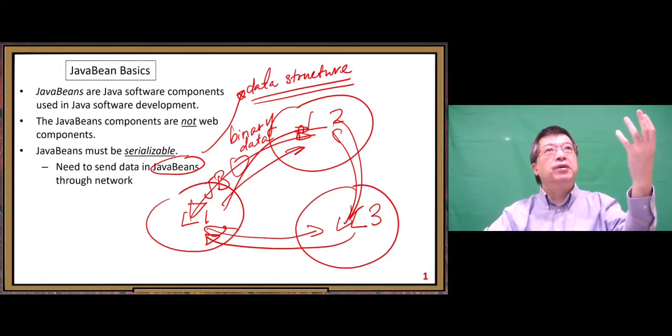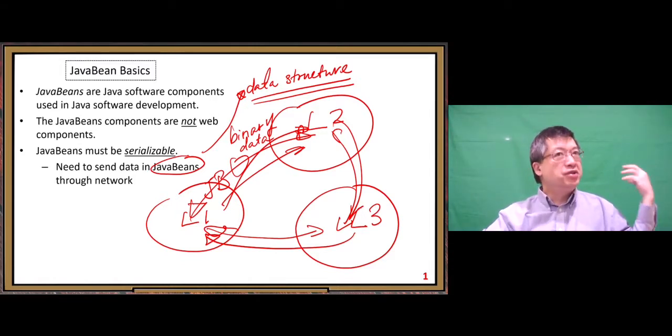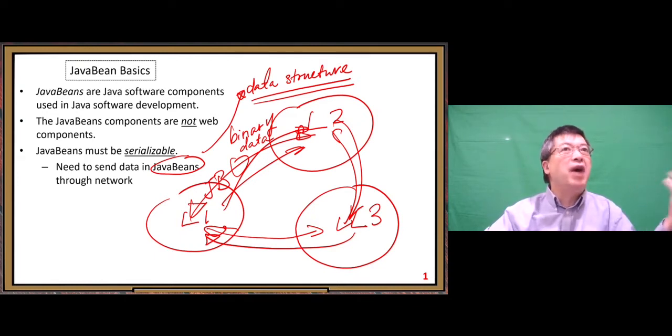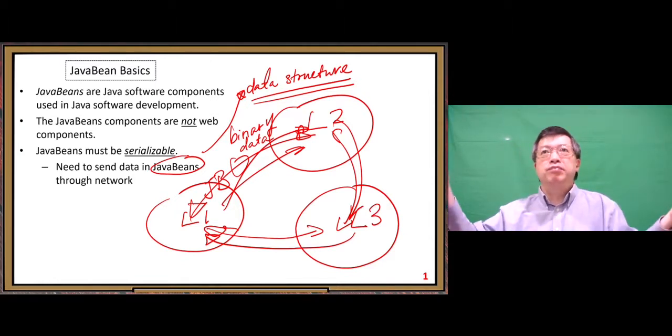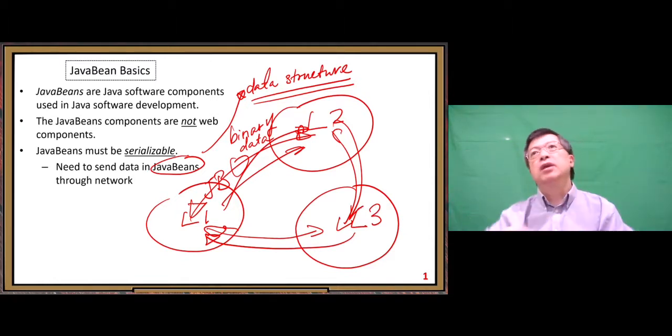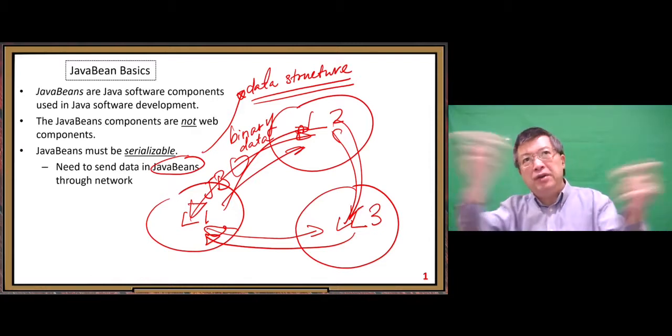How do you know the data sent works? Because different machines use different types of binary code, right? Mac, Windows, Linux, they use different types of binary code. How can you make the translation work well, right? So a lot of technical issues.